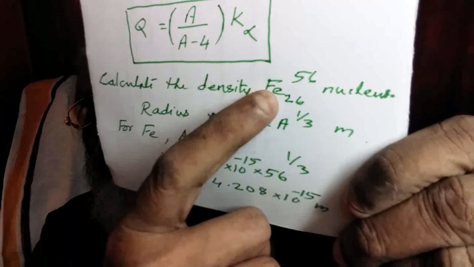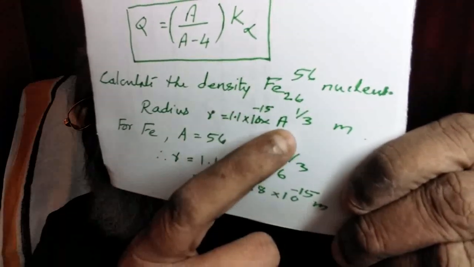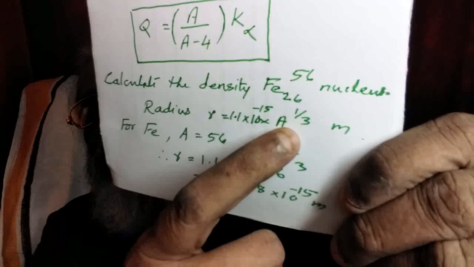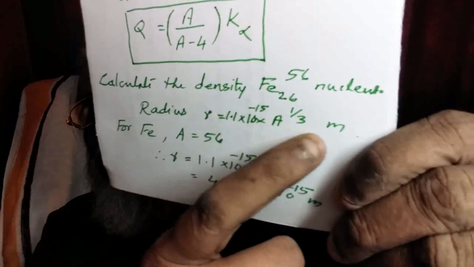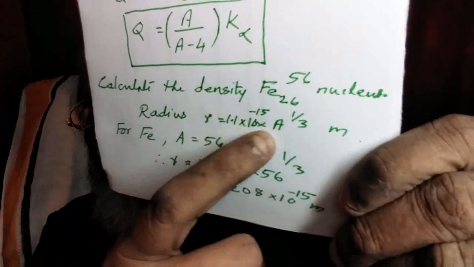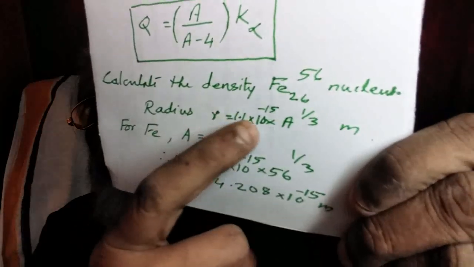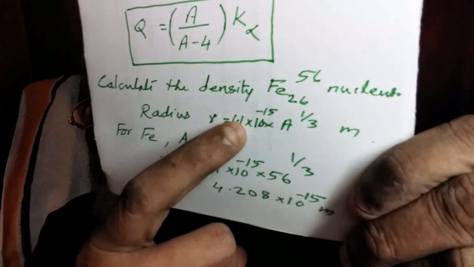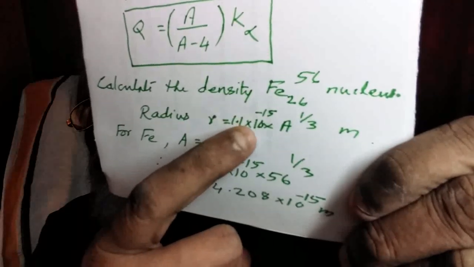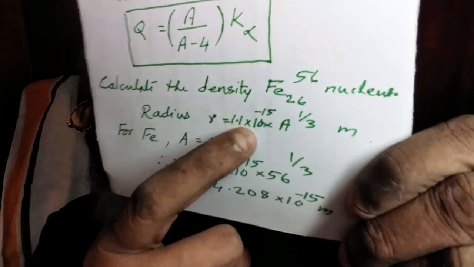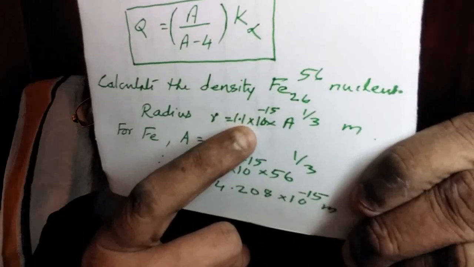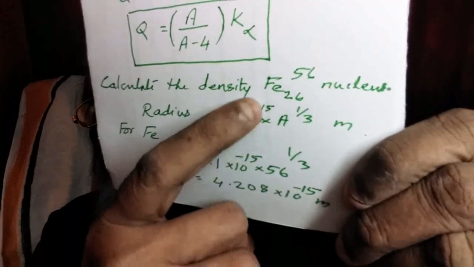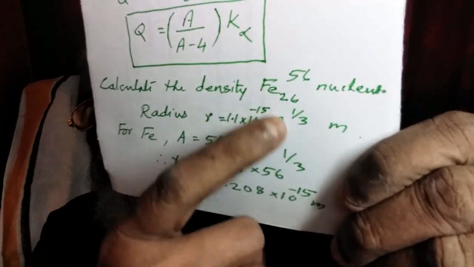This is a constant factor. A is the mass number of the nucleus. So this is the formula for calculating radius of a nucleus. See, this factor can be 1.2 or 1.1. You can take it as 1.1. So 1.1 into 10 raised to minus 15 into A raised to 1 by 3.